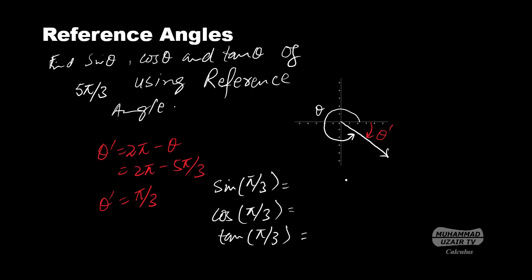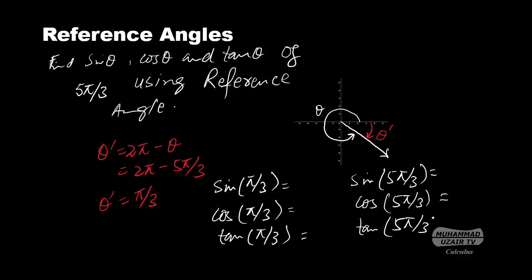Similarly, sine 5 pi over 3, cos 5 pi over 3 and tangent 5 pi over 3. Sine pi over 3 is equal to under root 3 divided by 2. Cos pi over 3 is equal to 1 over 2 and tangent pi over 3 is equal to under root 3.